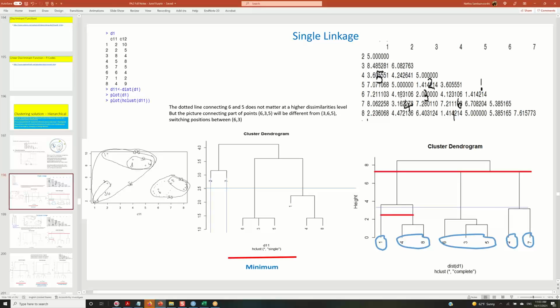D11 is the distance metric, that is this one. Okay, are you with me? Yes, sir. Okay. And you can plot the distance if you want, but that's not the most important thing. So we want to do hierarchical clustering using the distance metric D11. That's all we are saying. So this is the plot, and I hand calculated this one. Don't worry about it.